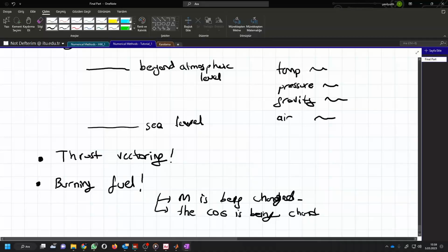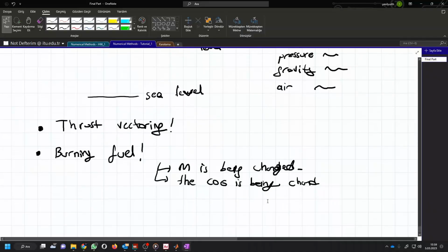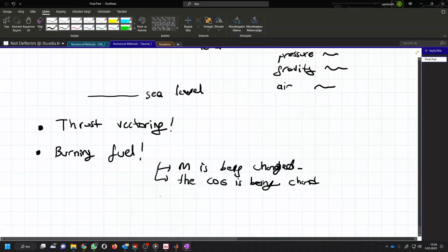It depends on the missile, but sometimes more than half of a missile is fuel. So you may need to model the combustion process.